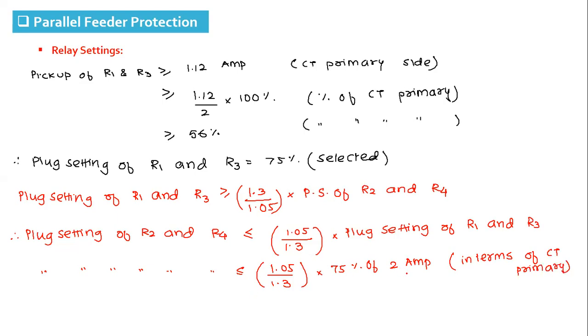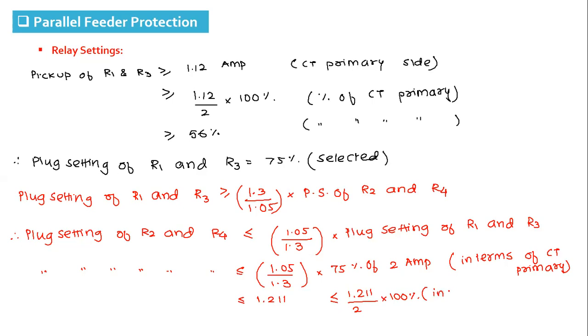So 75% of 2 ampere multiplied by 1.05 and divided by 1.3 comes to 1.211 in terms of CT primary. If we calculate it in terms of percentage, we do 1.211 divided by the CT primary, that is 2, into 100%.